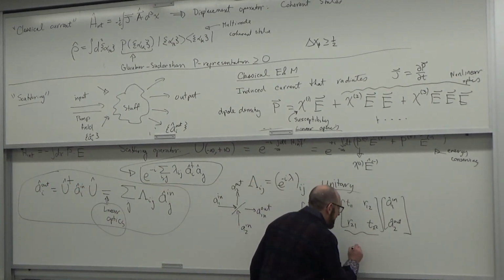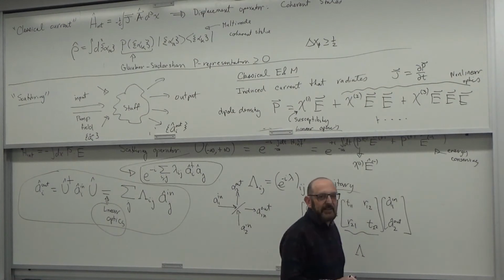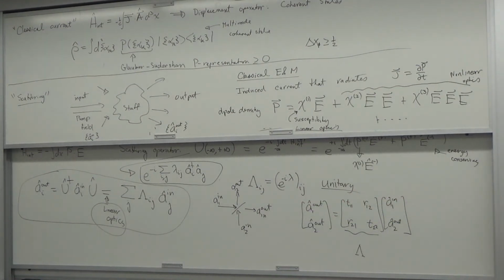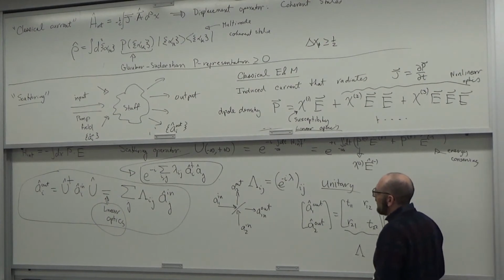And this is my matrix Lambda, capital Lambda, which itself is a unitary matrix. Okay? All right? So we have to review that problem for homework.